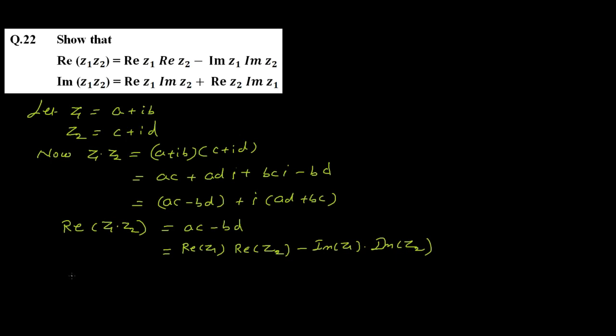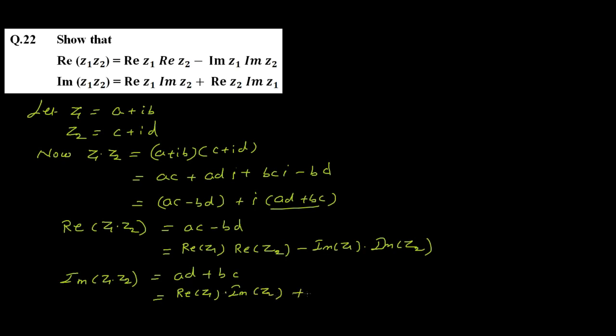Let's go to the second part, that is the imaginary part of z1 into z2. You will see here the imaginary part of z1 z2 is ad plus bc. So what is a? a is the real part of z1. What is d? d is the imaginary part of z2.